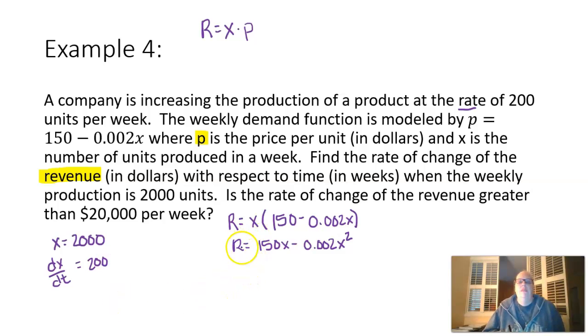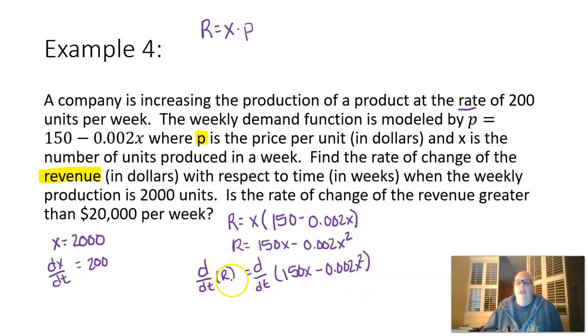Okay, let's see if we can find the change in the revenue with respect to time. We will find the derivative of R over here with respect to time, and then we will find the derivative of 150x minus 0.002x squared.